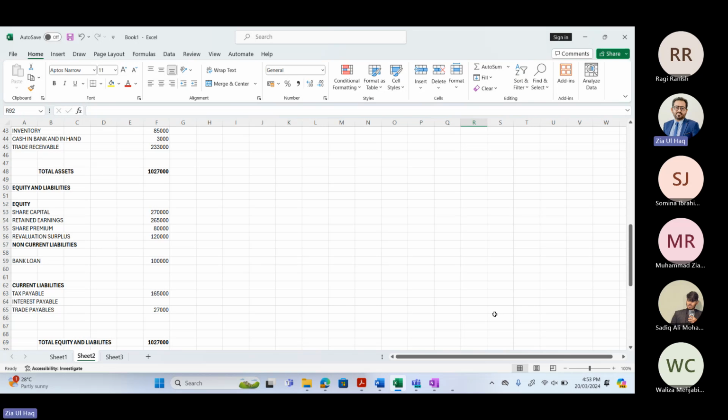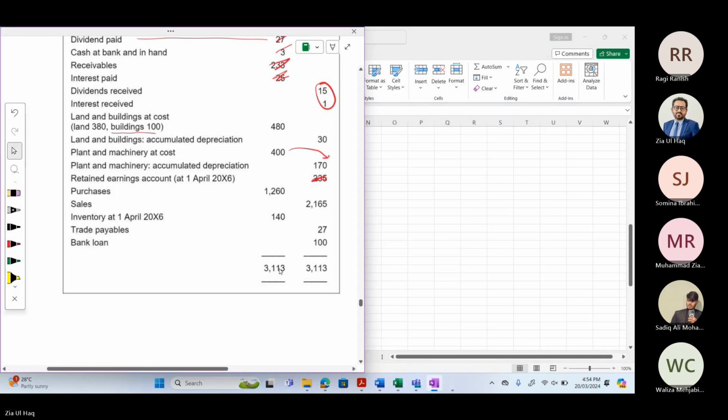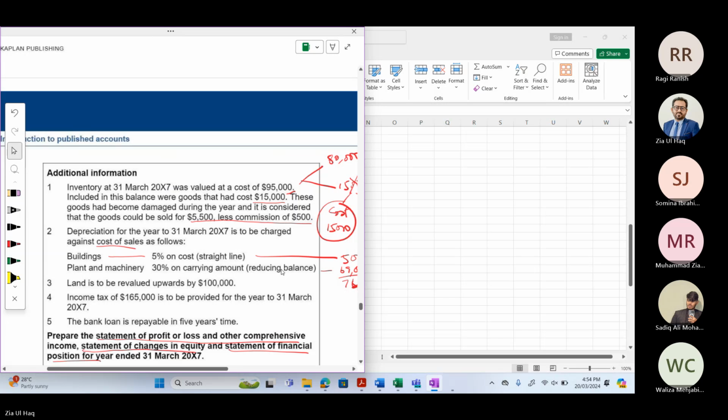In this paper, you will see a bigger question with so many standard adjustments, and those standards we will study later on. And in the exam paper, you will face a question on preparing financial statements. So let's move towards Test Your Understanding 2.